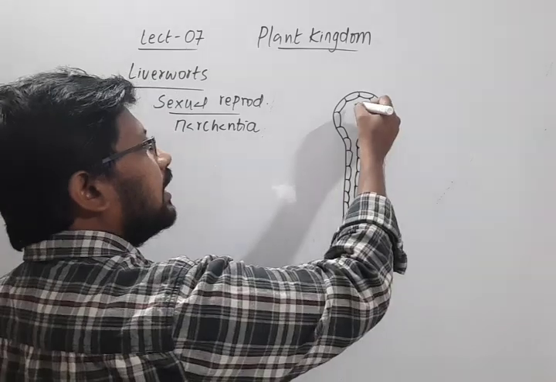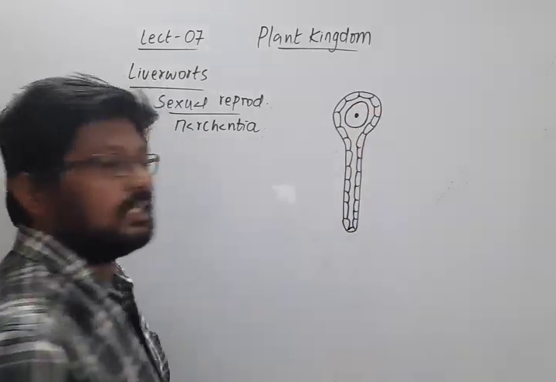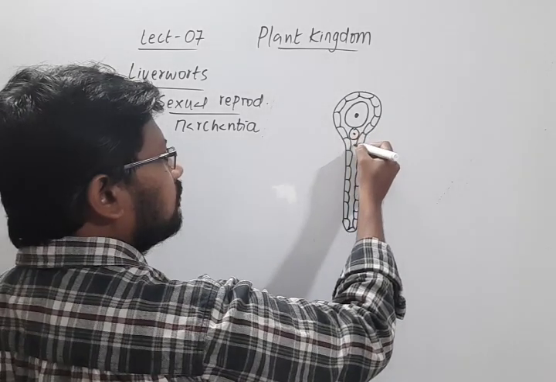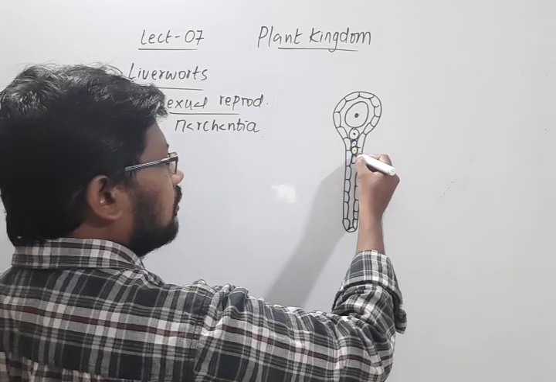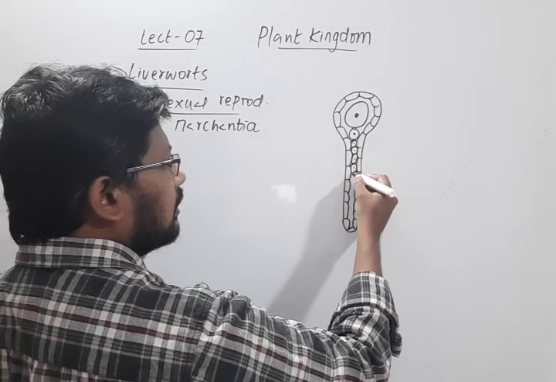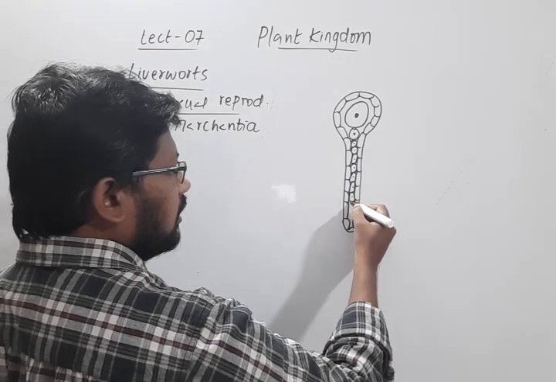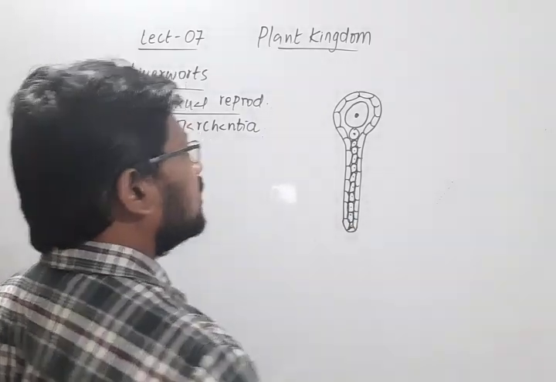Here we see the egg cell, and of course there will be a few other cells that occupy a small canal here. So you will see something like this.